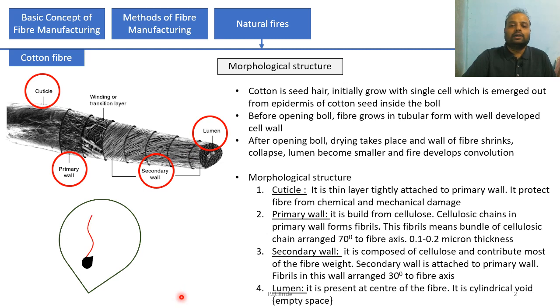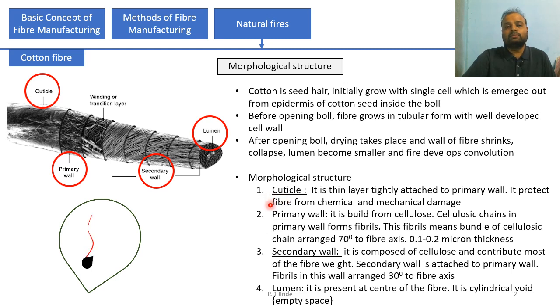So ultimately, the morphological structure includes these four layers: cuticle, primary wall, secondary wall, and lumen. The main function of the cuticle is to protect the fiber from physical and mechanical damage, and it is also made from cellulosic material.